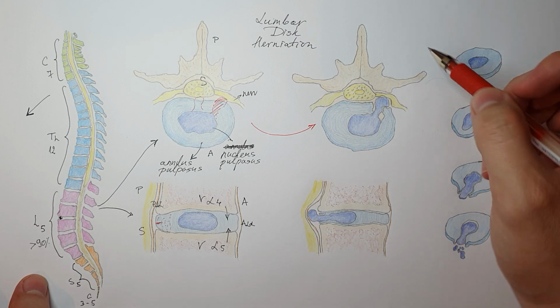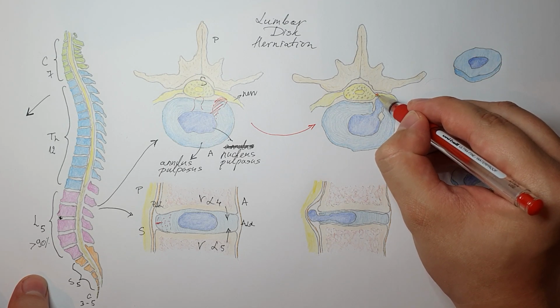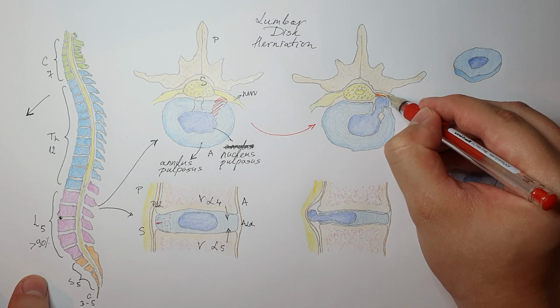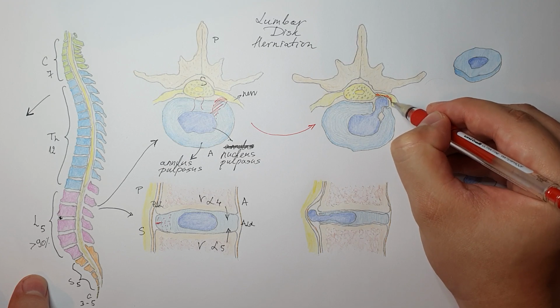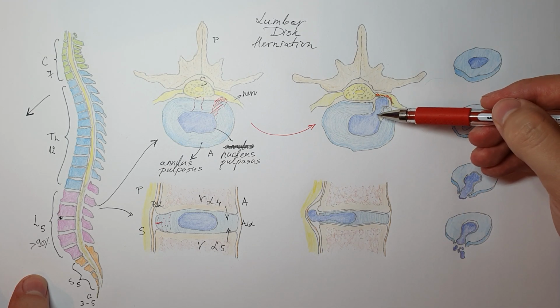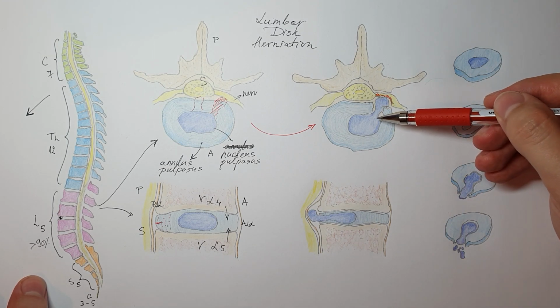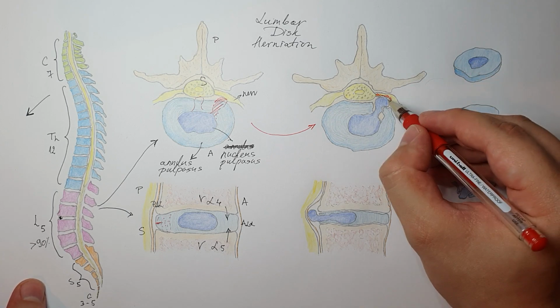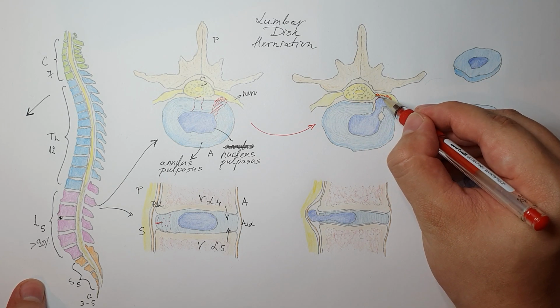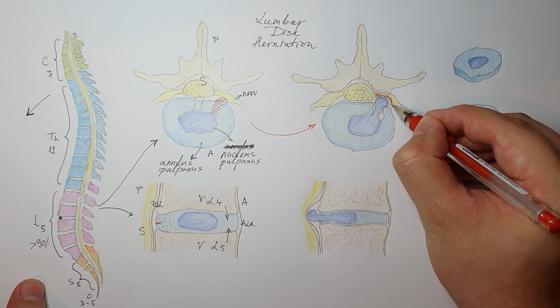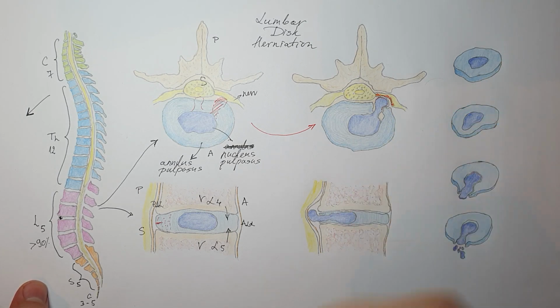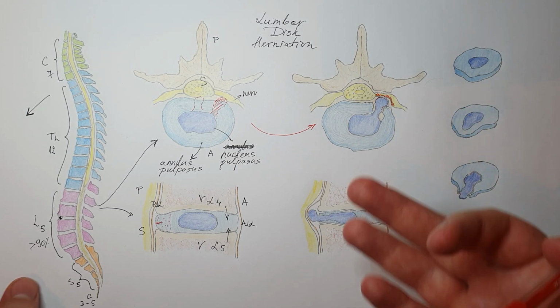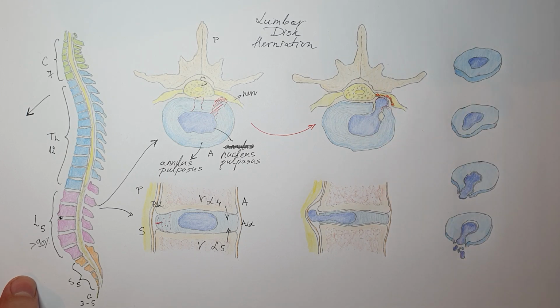We see that here the nucleus is now pushing on the nerve root, and this is actually a lumbar disc herniation. In this case, the herniated nucleus pushes on the nerve root and causes problems. So you would have, for example, if it is lumbar, severe leg pain and severe back pain.